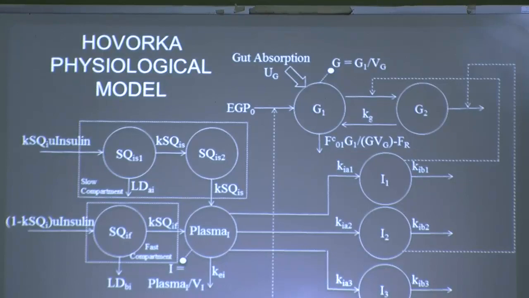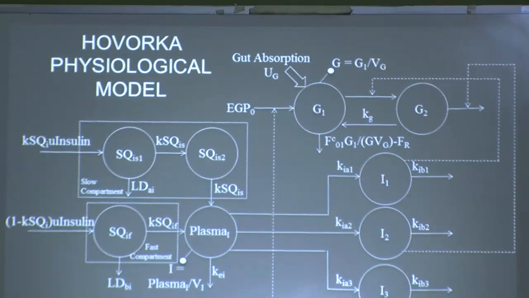So what you're actually seeing is a minimal model. This is using the least amount of parameters to get the best predictions of the system. Some of the compartments are actually physiological. These compartments represent the subcutaneous layer.